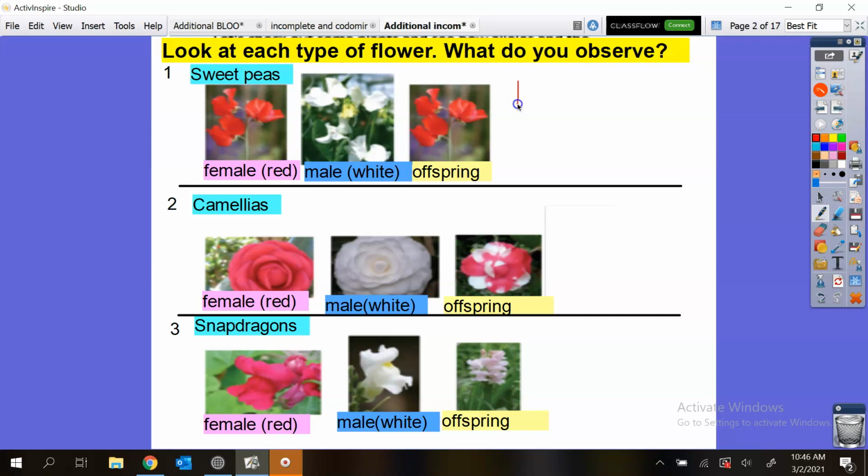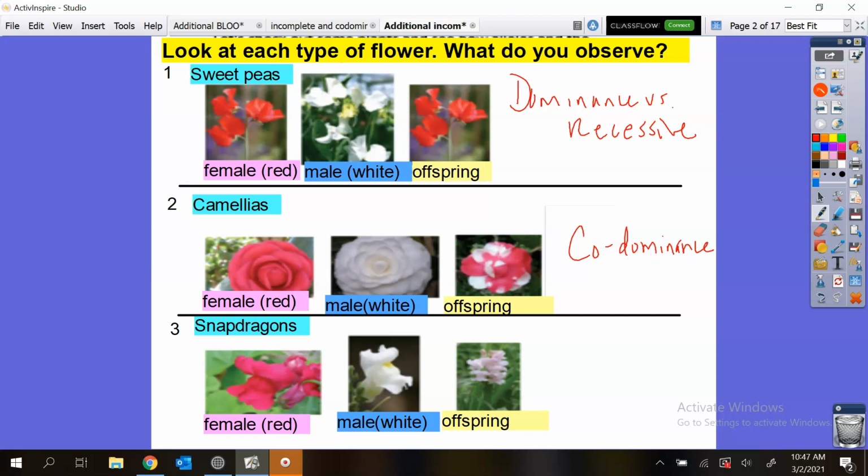Okay, so this just looks like a dominant versus recessive pattern of inheritance. And which one would be dominant? The red flower, very good. In this case, what do you think this would be an example of, if we cross a red and a white and end up with offspring like this? Very good. That would be an example of codominance because both phenotypes are displayed.